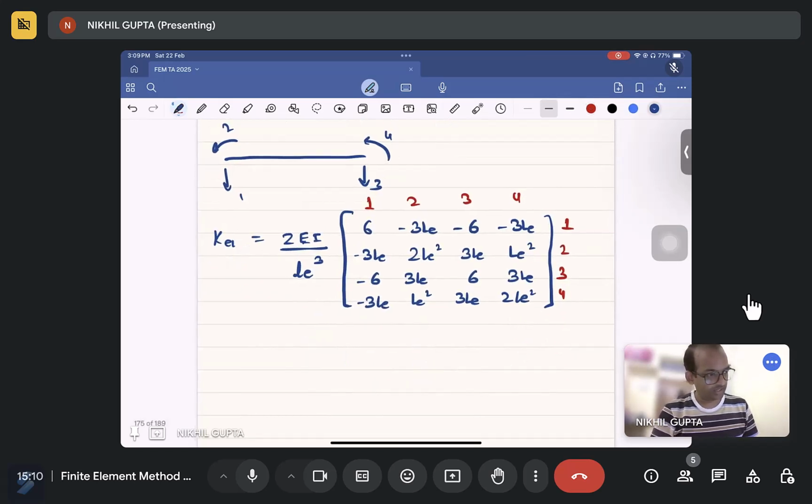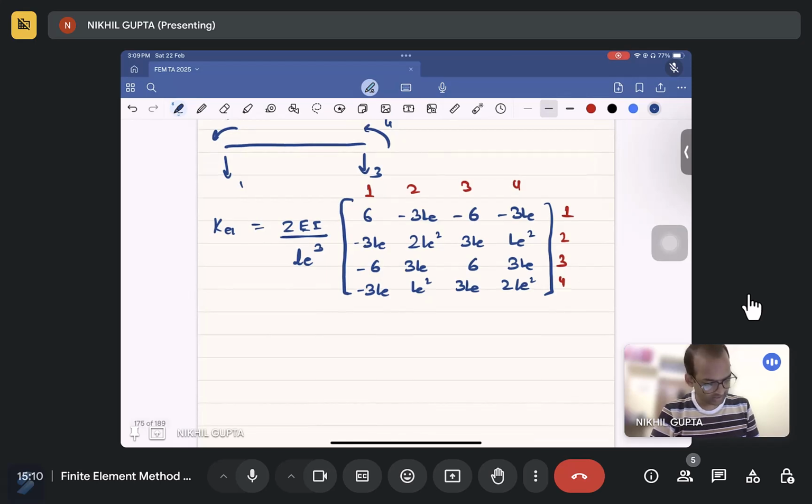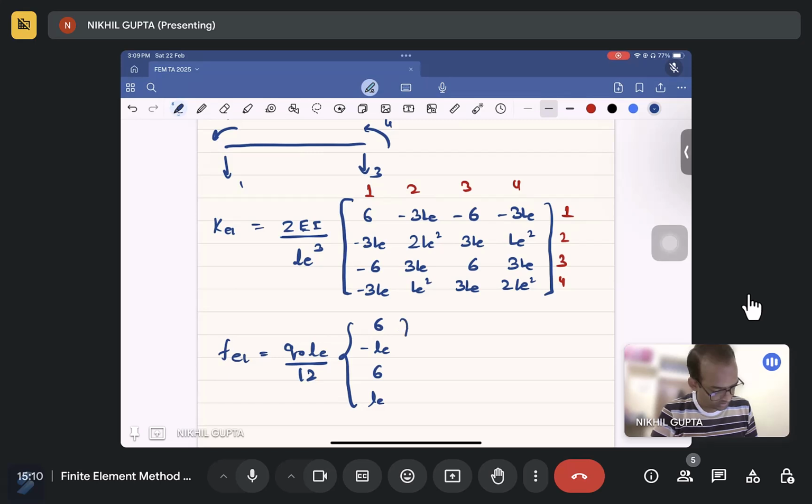Similarly, for this beam the elemental force vector is q naught Le by 12 times: 6, minus Le, 6, Le. All this K elemental and f element is covered in your theoretical part, so I am writing it directly. For this also, the degrees of freedom will be 1 2 3 and 4.